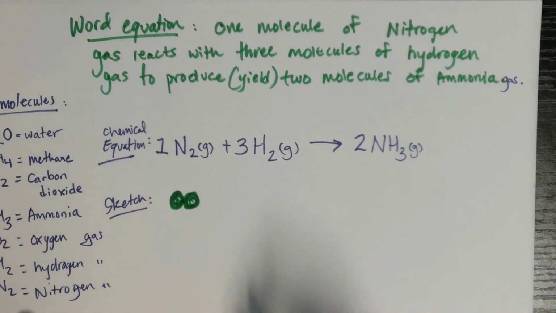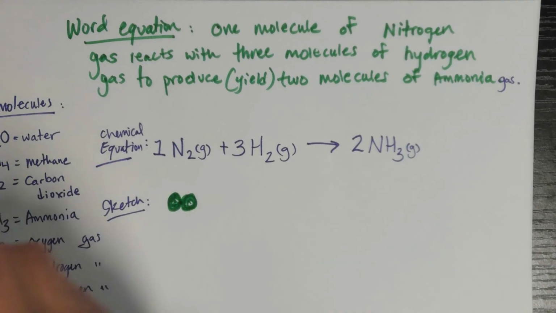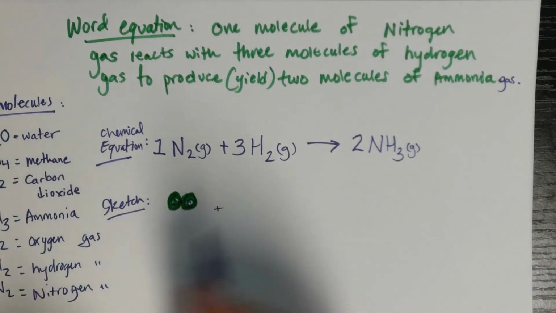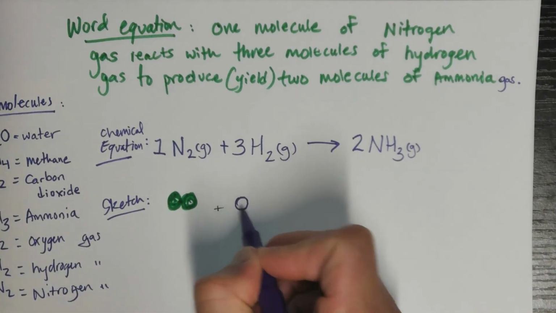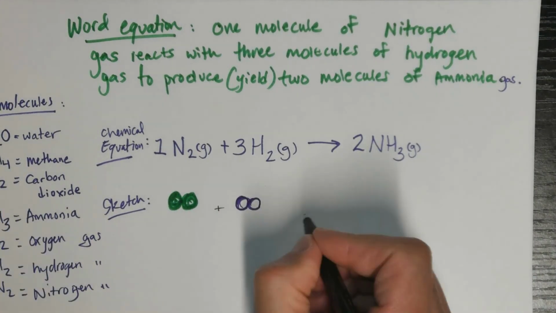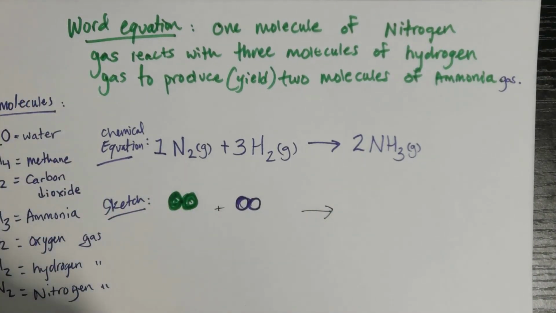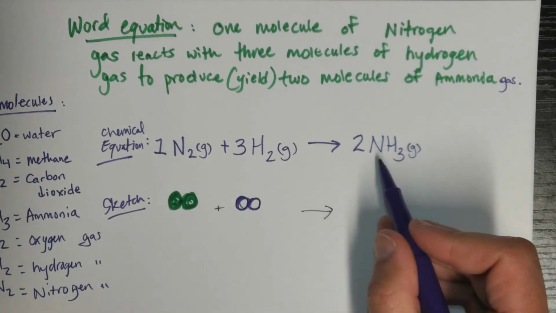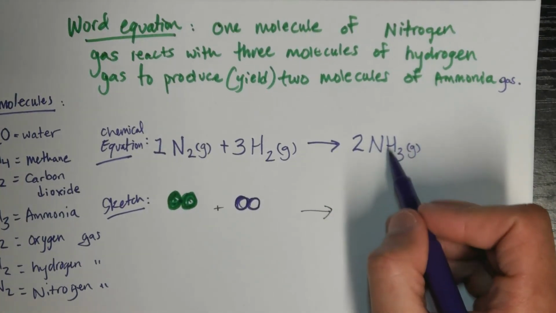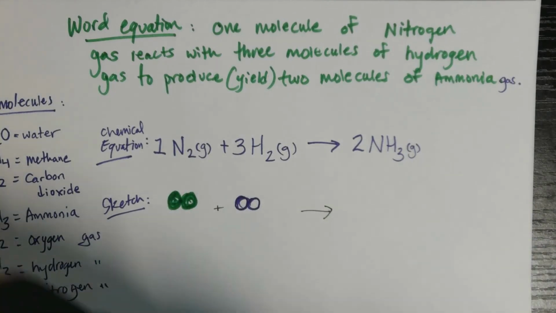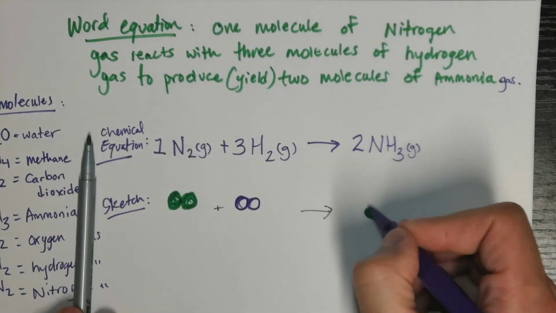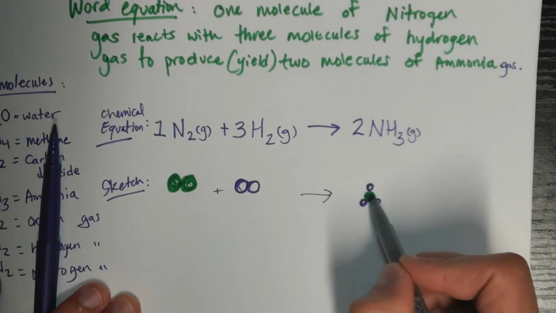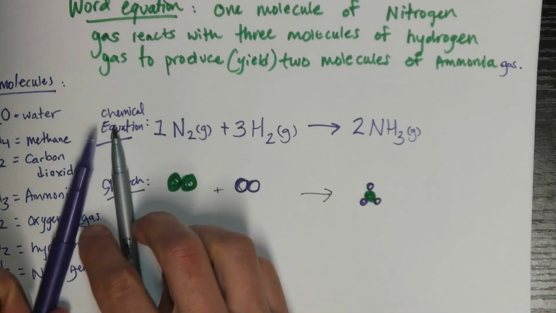For hydrogen, I'm going to add the little plus here and use purple. For ammonia, because it's nitrogen and hydrogen combined together in 1 molecule, that's 1 nitrogen and 3 hydrogens, I'm going to draw it like this. So those are the molecules that I'm using.